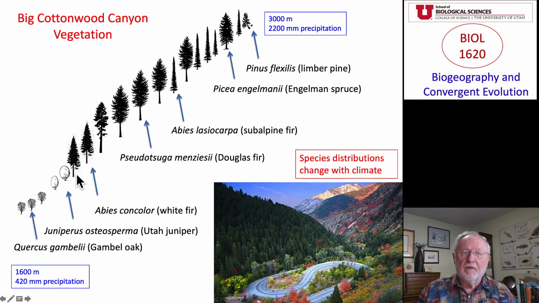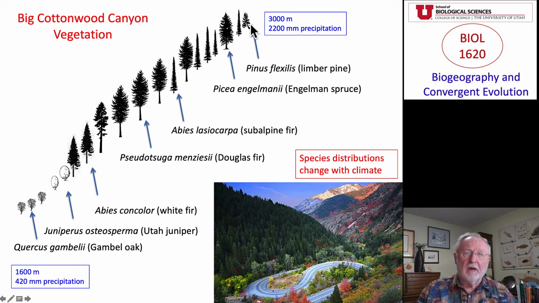Above them, we'll find that the oaks are replaced by the Utah juniper, Juniperus osteosperma, which is then quickly replaced by a series of coniferous forest species. White fir, Abies concolor, which is then replaced by Douglas fir, Pseudotsuga menziesii, which is then replaced by subalpine fir, Abies lasiocarpa, and then we see the introduction of Engelmann spruce and limber pine at the highest elevations.